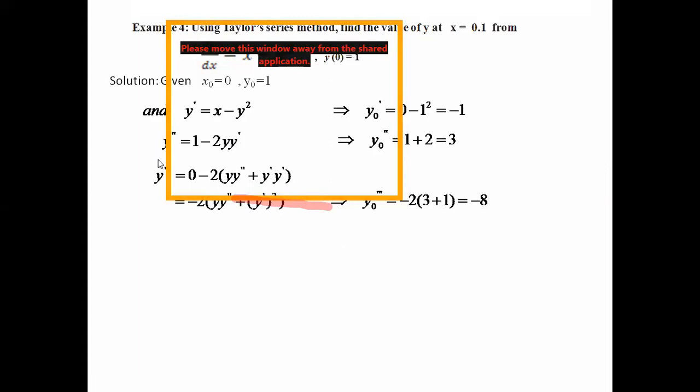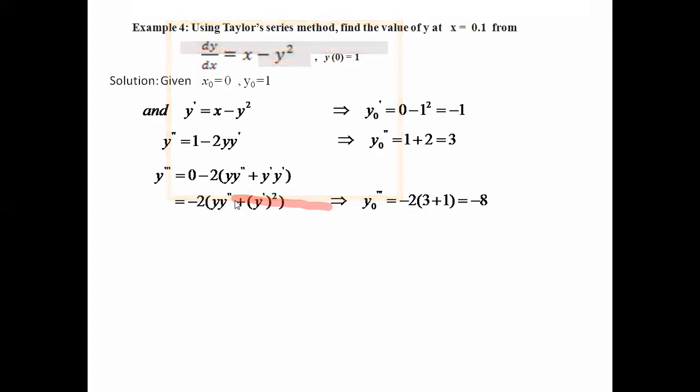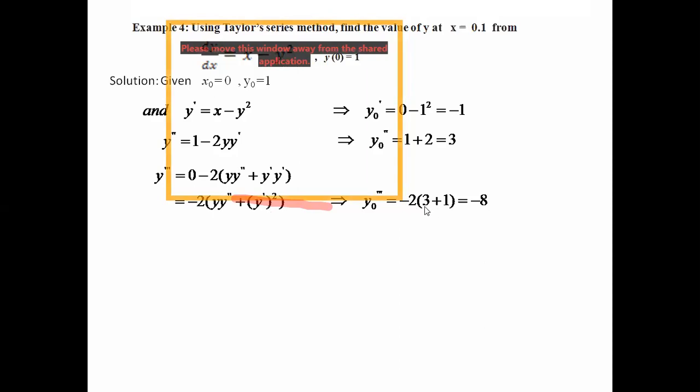Now find the value of this derivative at the point x is x naught, y is y naught. If you substitute, y naught is 1, y0 double dash is 3, plus y0 dash is minus 1 whole square, that means plus 1 again. So total it is 3 plus 1, into minus 2, it is minus 8. So that is the value of y0 triple dash.